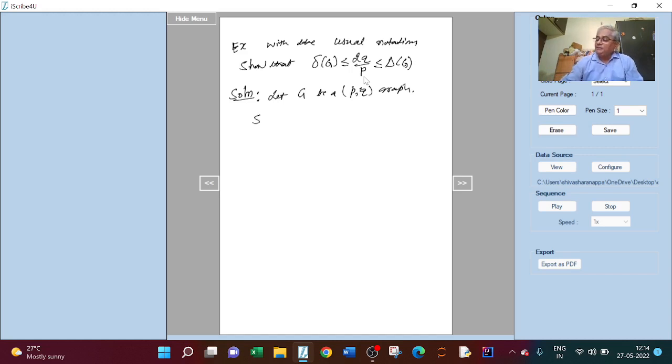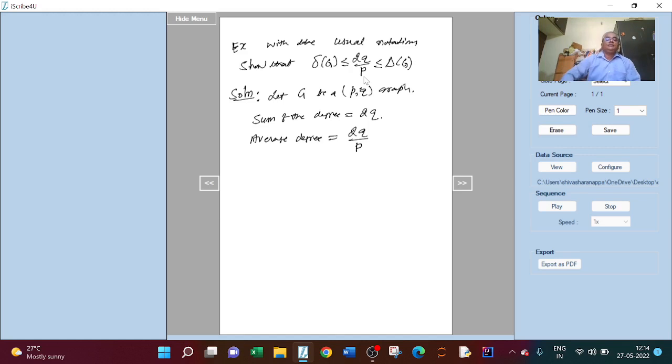And we have the result: the sum of the degrees is equal to twice the number of edges. Okay. So therefore the average degree is equal to the sum of the degrees divided by the number of vertices.